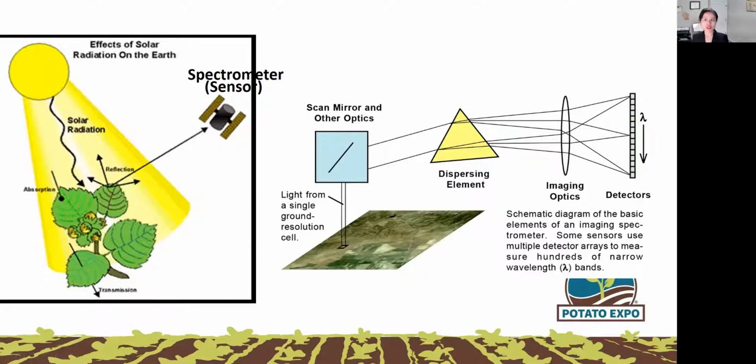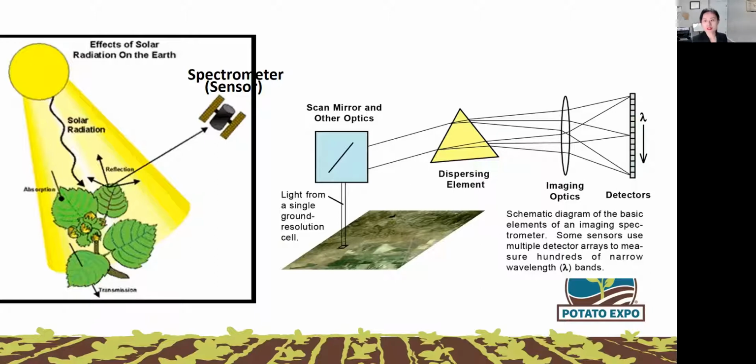The eventual quantitative measurements that we get from the spectrometer, that is either multispectral or hyperspectral, is going to be the reflectance of each of those spectral bands from the light that is reflected from the ground unit.